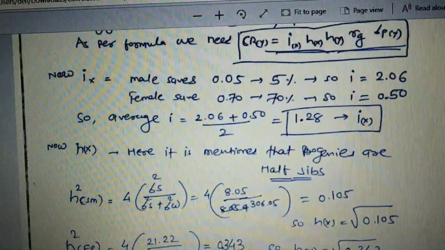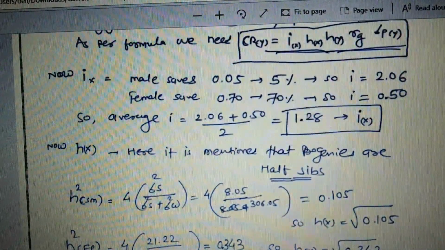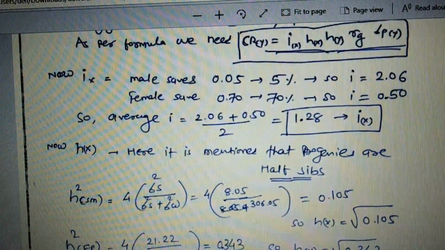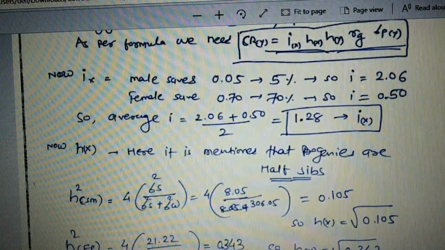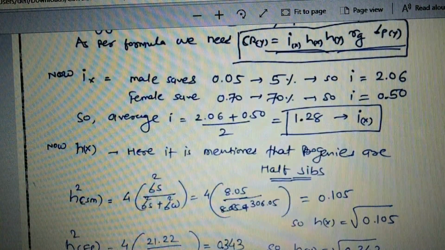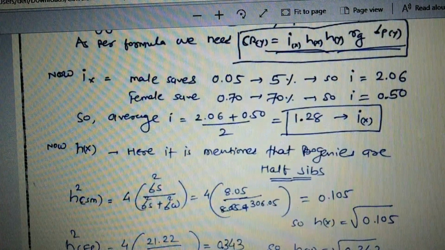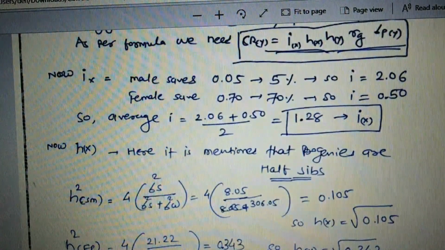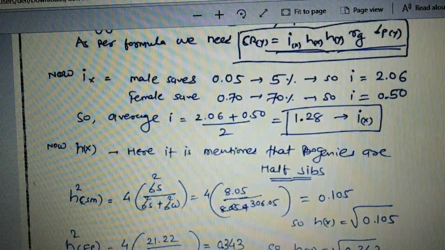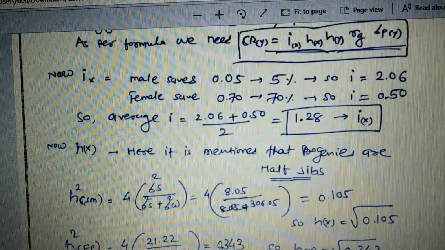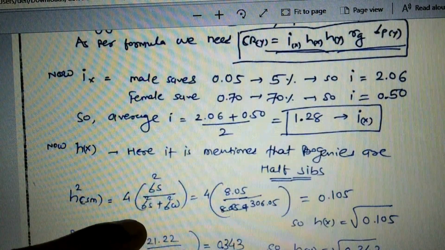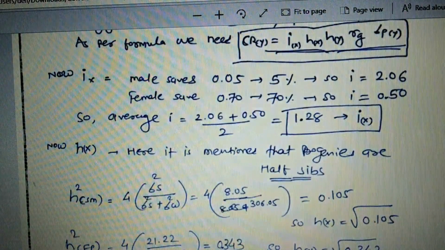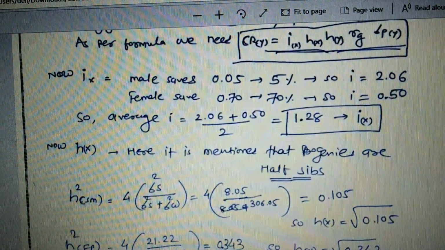Second, HX. Here it is mentioned that the progeny are Hapsib, so we have to use the formula for estimation of heritability from Hapsib records. H square for sexual maturity, our X trait, is equal to 4, because it is a Hapsib family, multiplied by variance S divided by variance S plus variance W. So here 4 into 8.05.